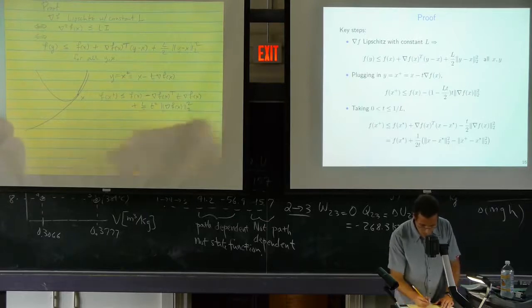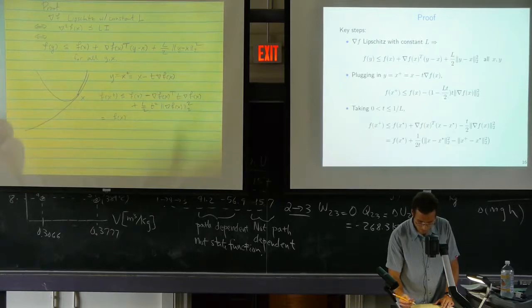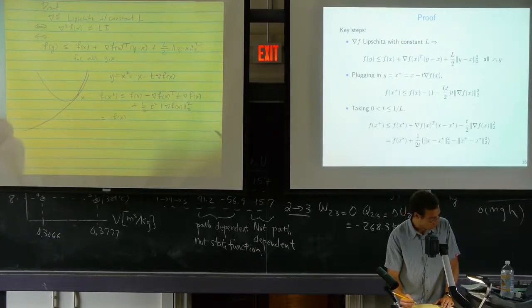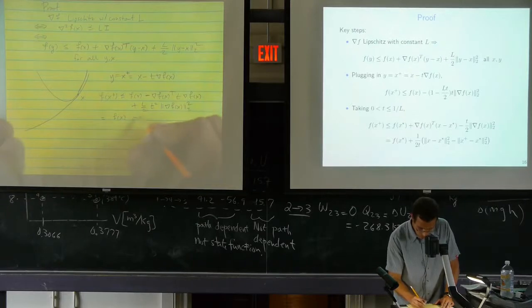Okay, so what's that upper bound? Just rewriting that slightly, that's just f of x. Here we have minus t times the norm of the gradient squared, and here we have positive L over 2 times t squared times the norm of the gradient squared. So we can just rewrite that as f of x minus 1 minus L times t over 2, times t, times the norm of the gradient squared.